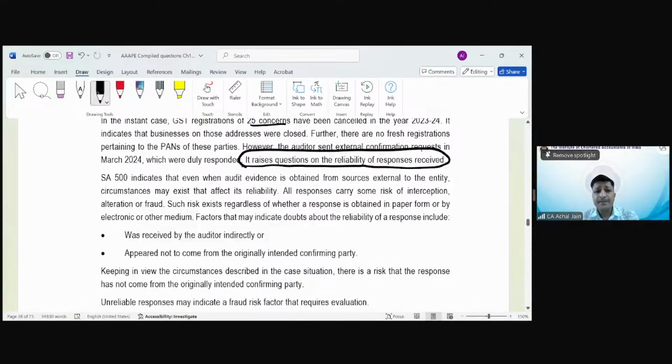In this case, it may have happened that the response has not come from the originally intended confirmer. Maybe the addresses at which the confirmation was sent, management knew that they would reach those addresses, and that's why management was involved in getting the responses sent on behalf of the vendors.